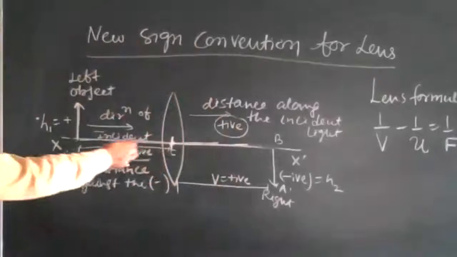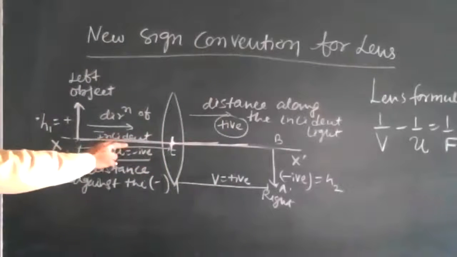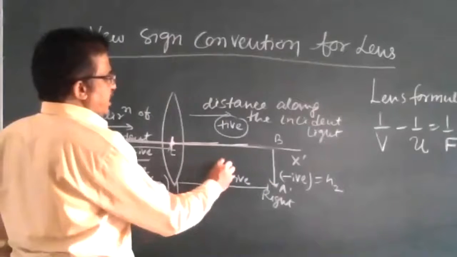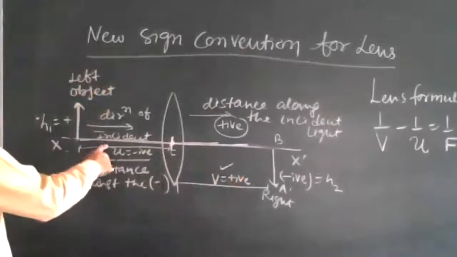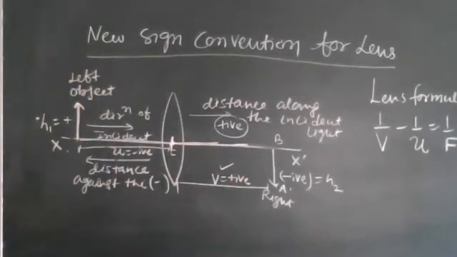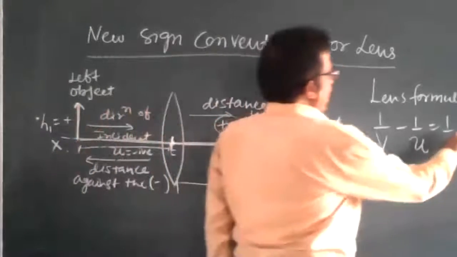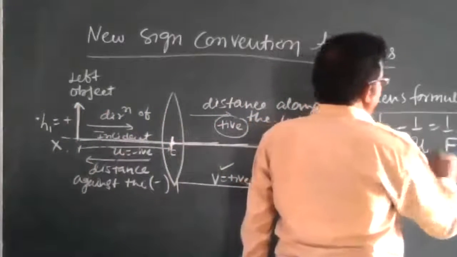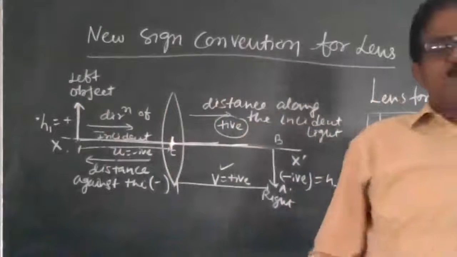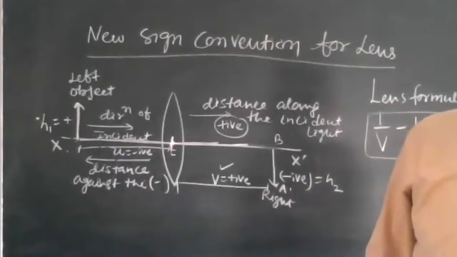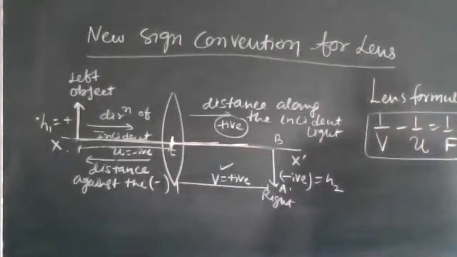So remember, v is the distance of the image from the optical center, it is positive here. u is the object distance from the optical center, and f is the focal length. लिख लो अभी. v is the image distance in centimeter. u is the object distance in centimeter.